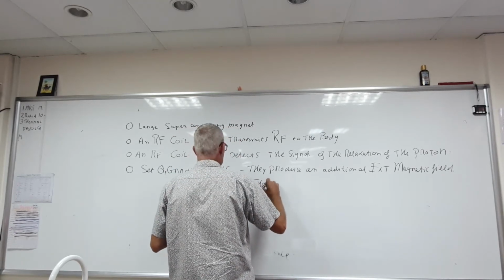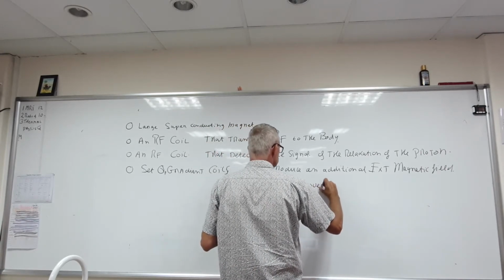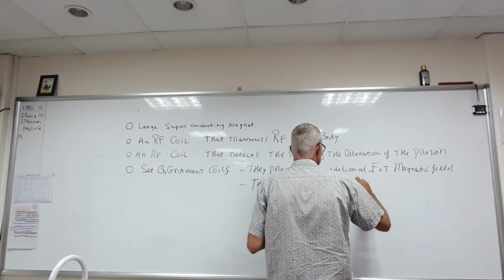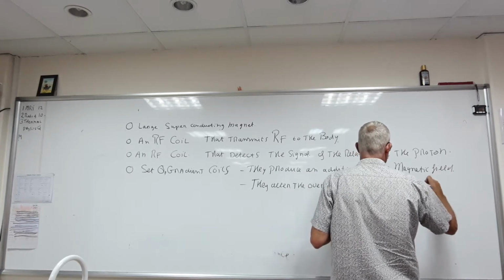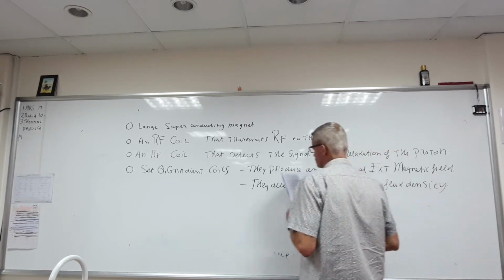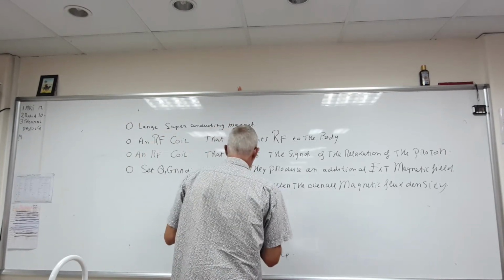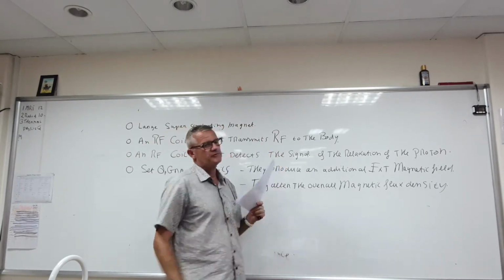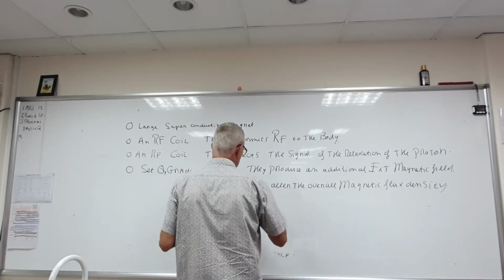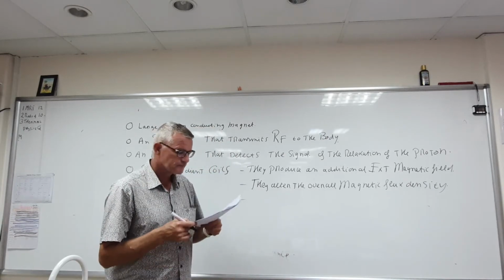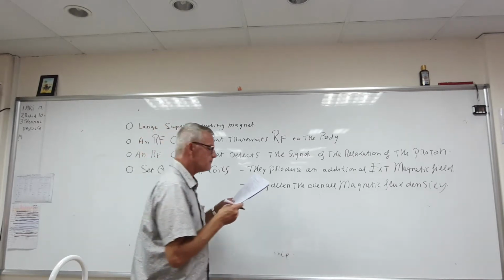They alter the overall magnetic flux density. Yeah, the depth, the width, and the length. Why is that? To ensure that the Larmor frequency is slightly different all over the body.